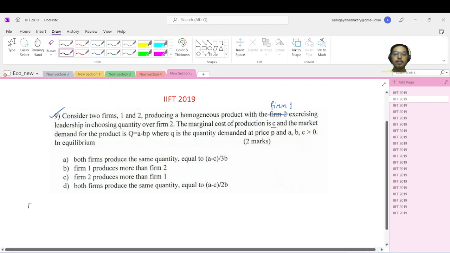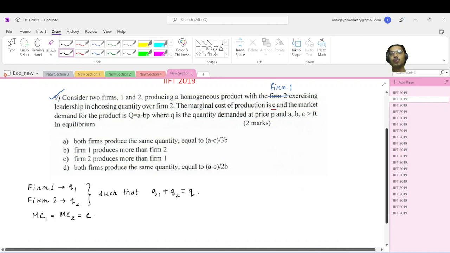So let us say that firm 1 produces an output of Q1, firm 2 produces an output of Q2, such that Q1 plus Q2 is the total market output. Marginal cost of firm 1 is same as marginal cost of firm 2, which is equal to C.